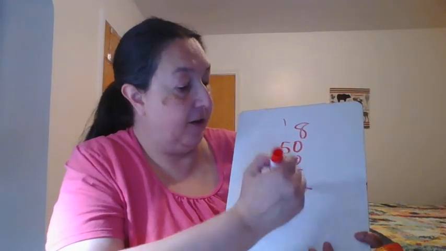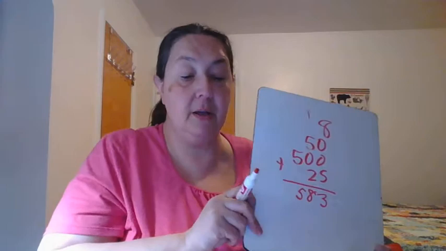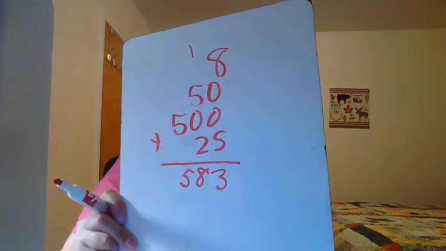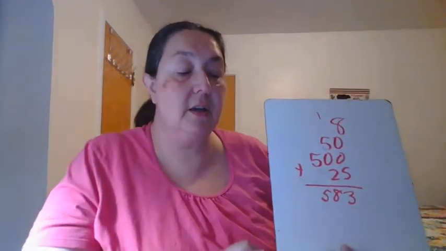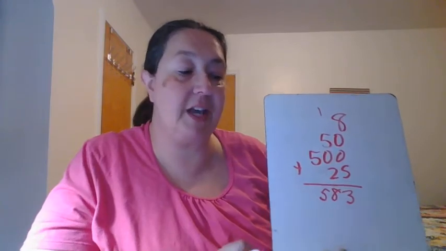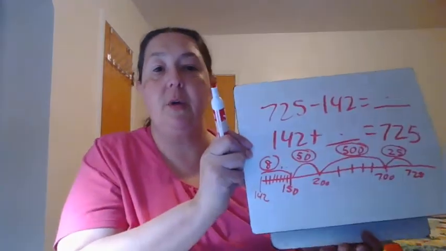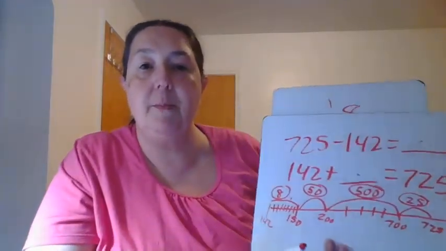And here we have 583, which is the answer to this roses question. But that's what this jumps is showing you. You don't have to do it that way. But if you do like that, that is a good way to count up. You might see that in a question, like on a quiz or something, but that's what that's about.